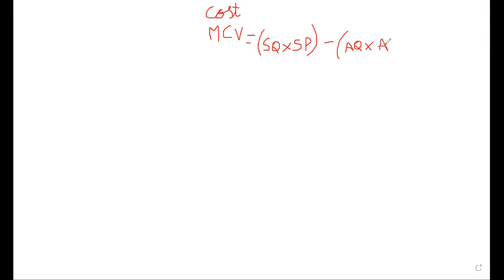See, if there is a standard amount decided, they are allowed to spend less than or equal to that amount. If they exceed more than that, that results in a variance, and that variance is unfavorable. See, 50,000 is decided as the amount of material cost. They are allowed to spend to the extent of 50,000.